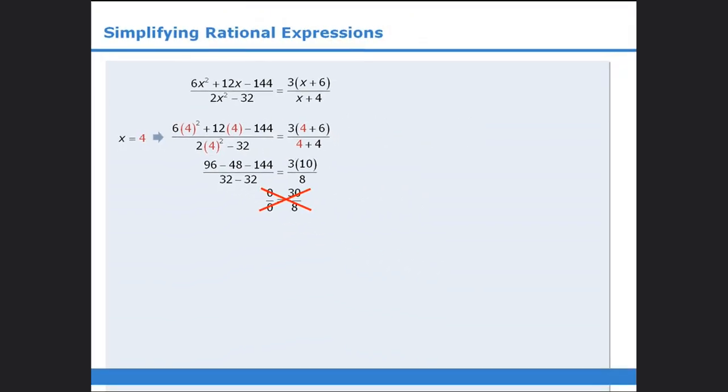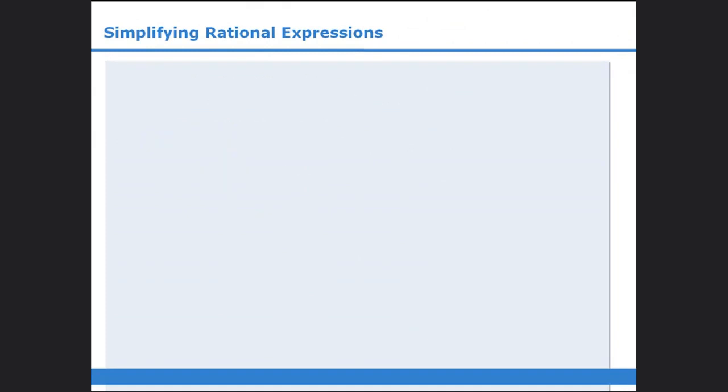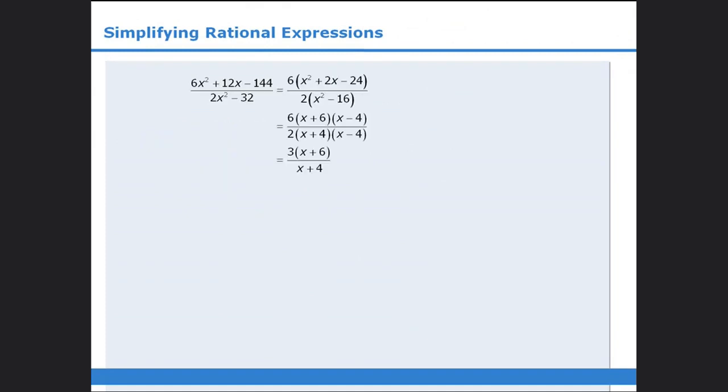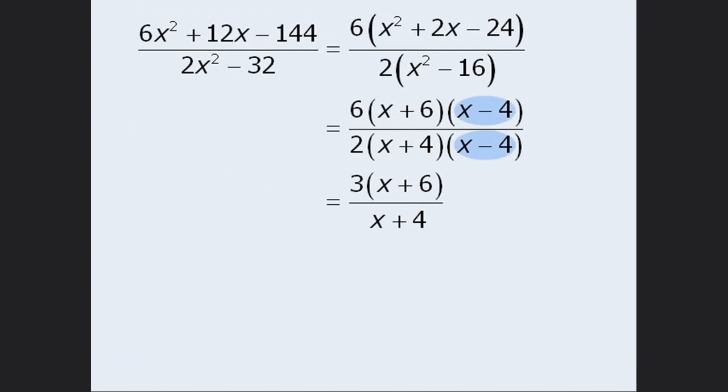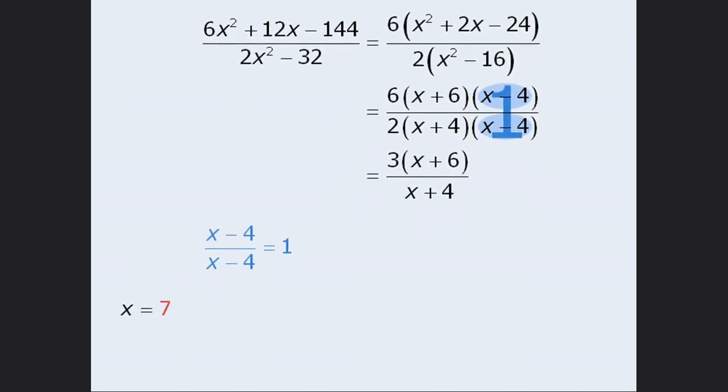So what happened here? To find out, let's go back to our earlier work. The problem is with this simplification right here. We said that x minus 4 over x minus 4 must equal 1. But is this true? Well, when x equals 7, we can see that x minus 4 over x minus 4 does indeed evaluate to be 1.